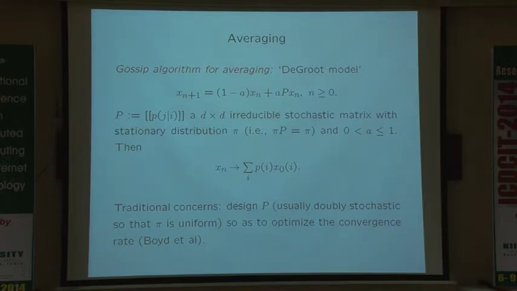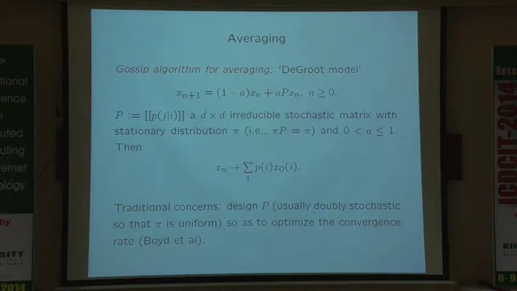Generally this convergence is dictated by the absolute value of the second largest eigenvalue of this matrix. The top eigenvalue is 1, corresponding to the left eigenvector pi.